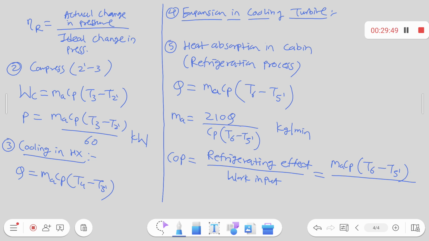How much is it? MACP into T3 minus T2. So COP is equal to T6 minus T5 dash divided by T3 minus T2.